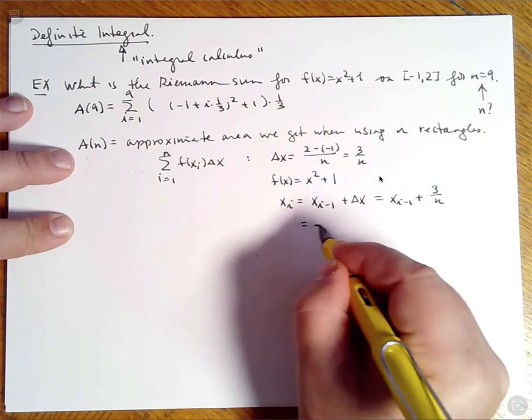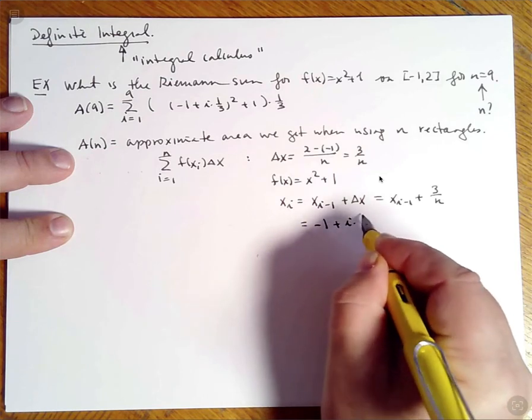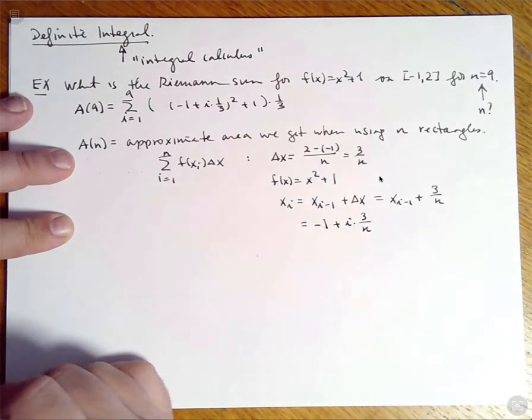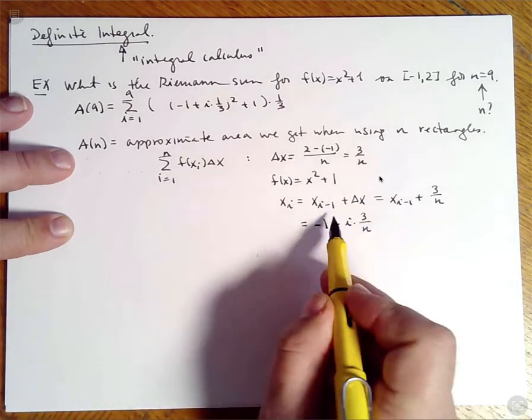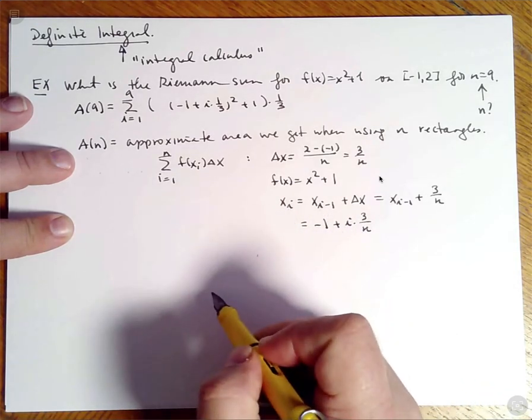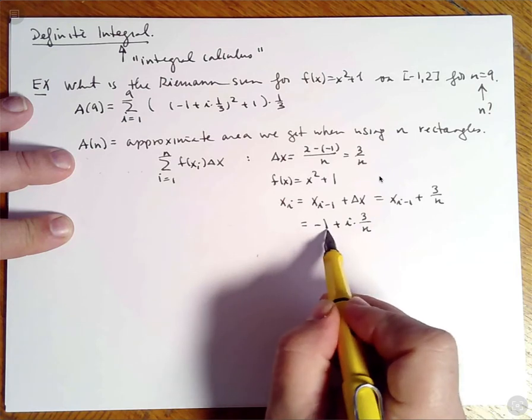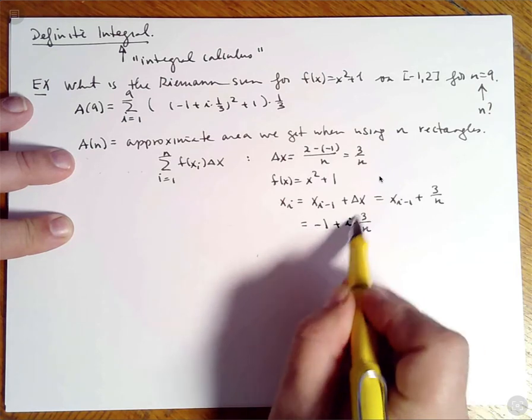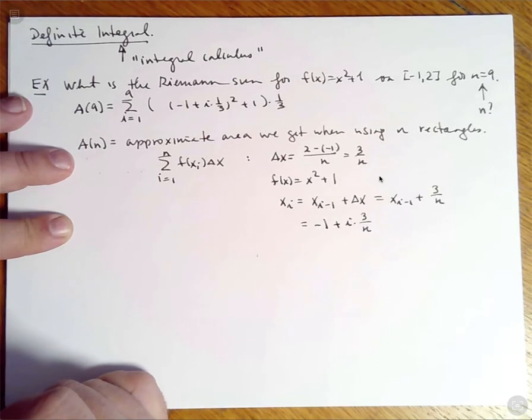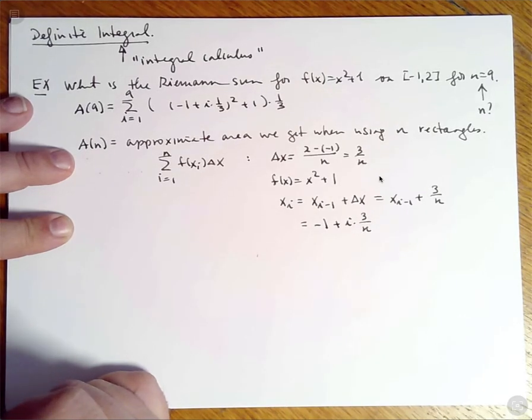I can say this is -1 plus i times delta x. Well, this is going to be my expression for the ith partition point. Start at the leftmost endpoint and add i multiples of my widths. All right, so this is good. I think this is all we need.